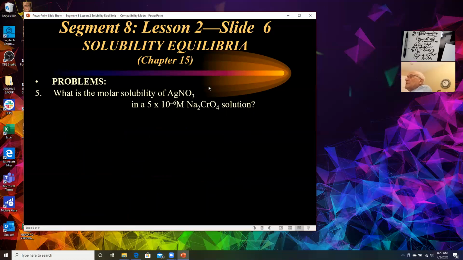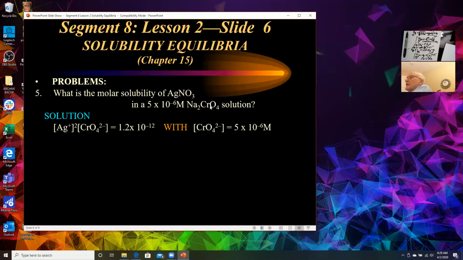What's the molar solubility of silver chromate in a solution that is 5 times 10 negative 6 molar sodium chromate? So we've got our KSP is this value. Now, I'm going to add sodium chromate from outside, so I'm going to increase the concentration of chromate ion up to this value.